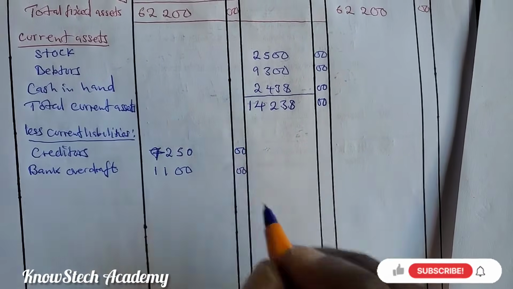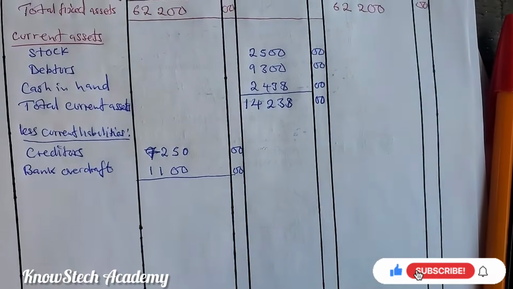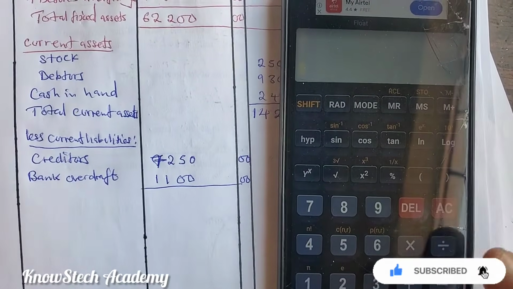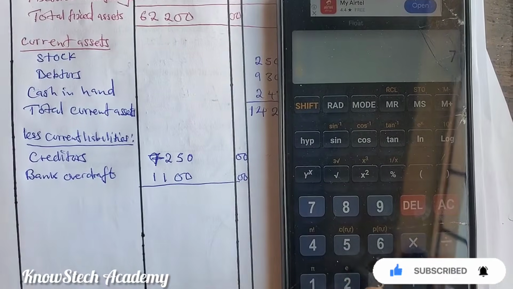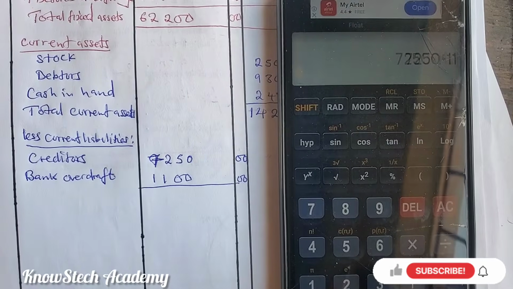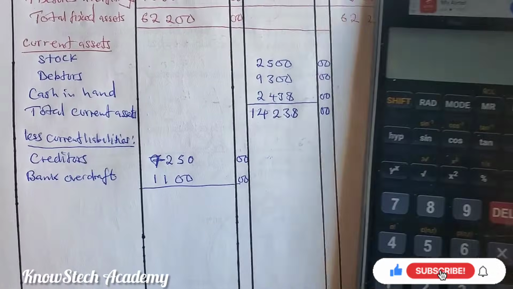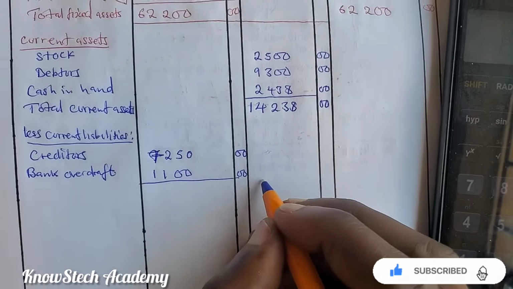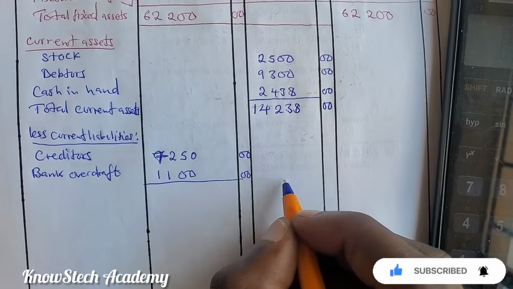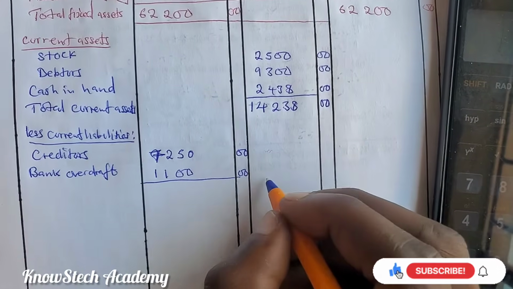Then we add. 7,250 plus 1,100 is giving us 8,350, and we bring the total to the column where we have current assets.